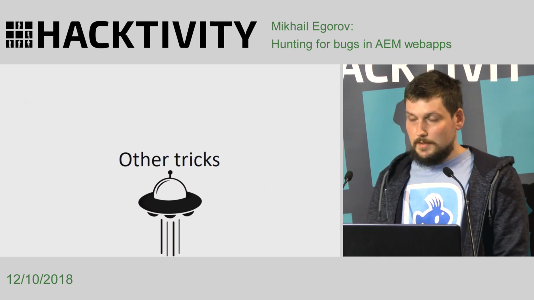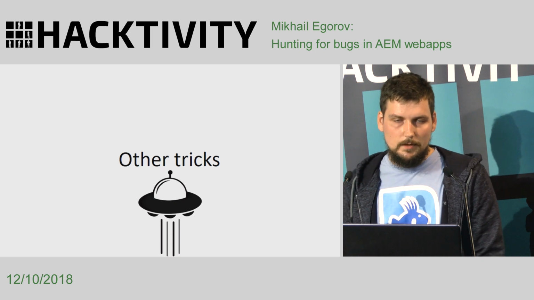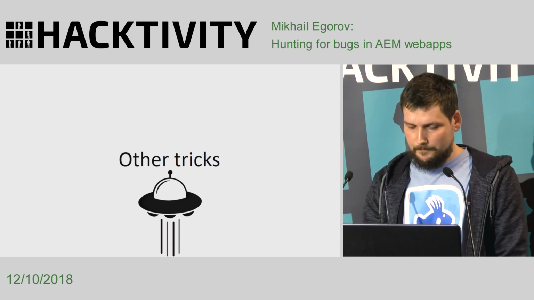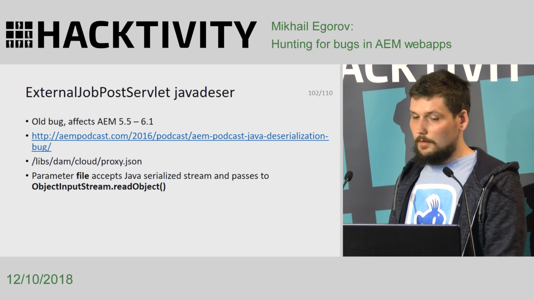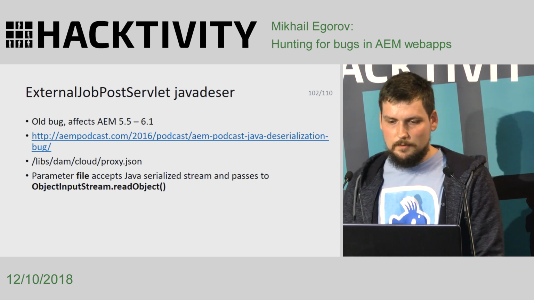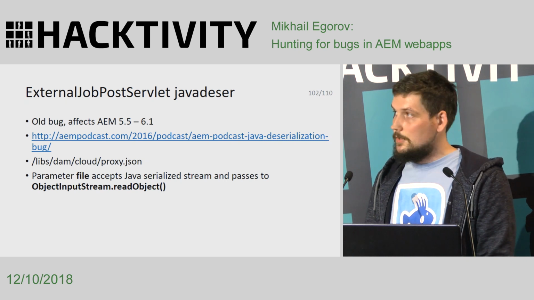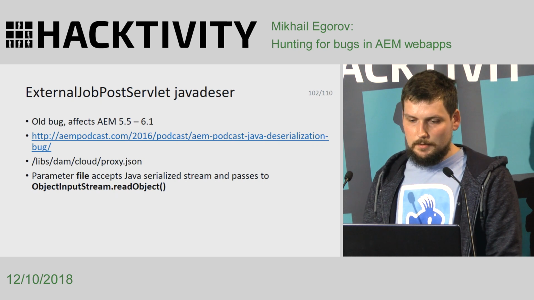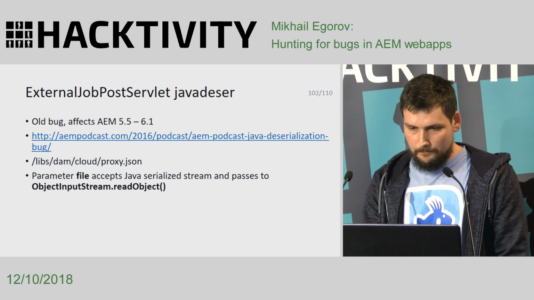Other tricks, for the sake of completeness, I used them a couple of years ago. They will rarely work today, but who knows. The ExternalJobPostServlet was vulnerable to untrusted Java deserialization in old AEM versions. It takes the file parameter and passes it to an ObjectInputStream readObject call.